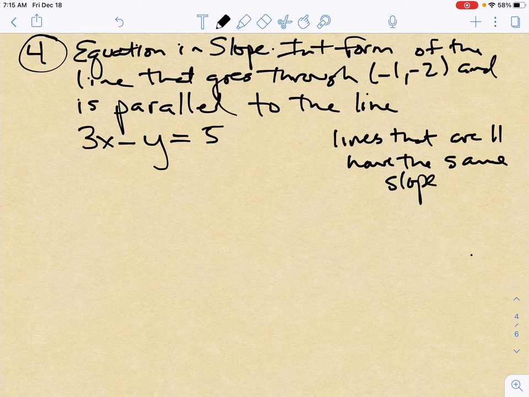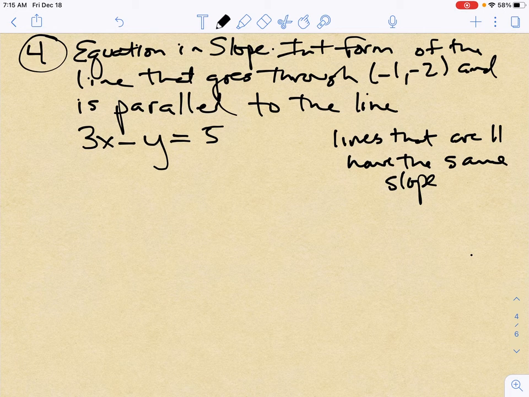Slope's exactly the same. If you write the equations, they're different lines, and the only thing really different about them is their y-intercept. Everything else is the same. They both have a y and an x, same multipliers, and the slope is the same.